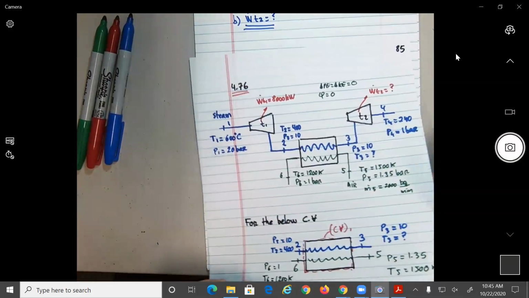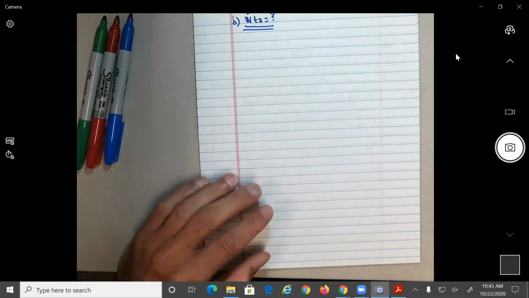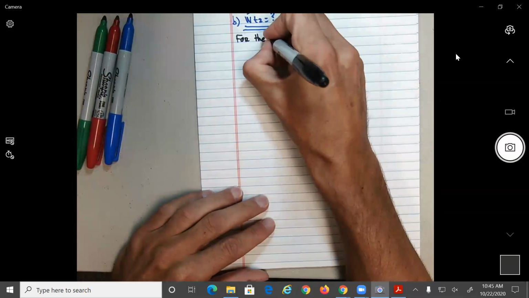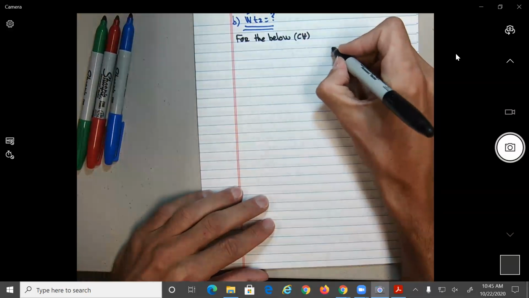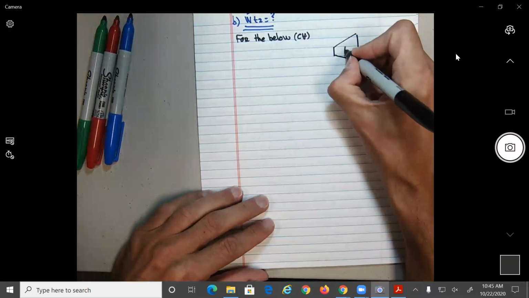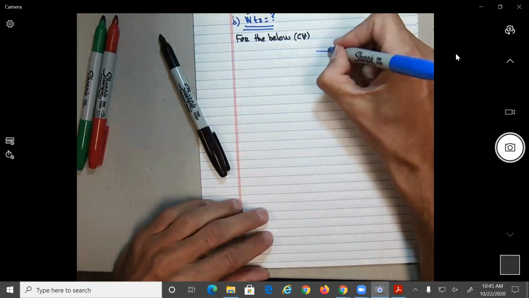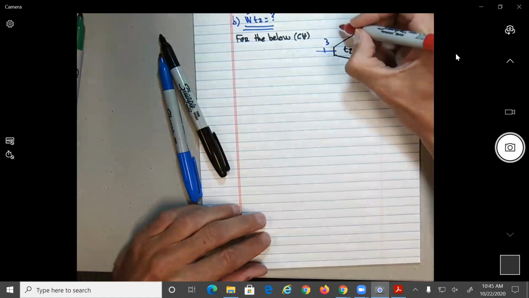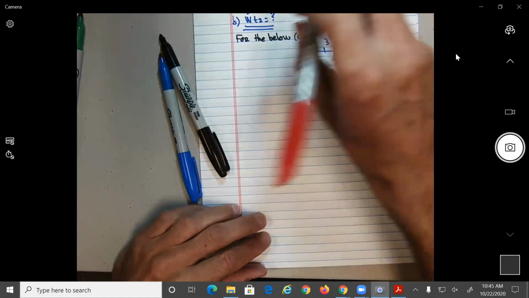Okay, so for the control volume, which will be turbine 2, we have states 3 and 4, and we need to find the power provided by this turbine.